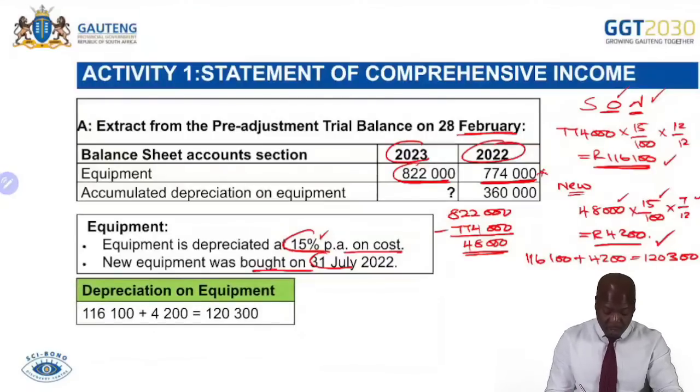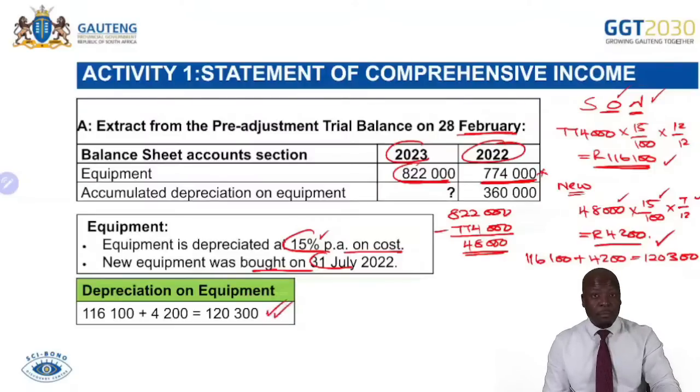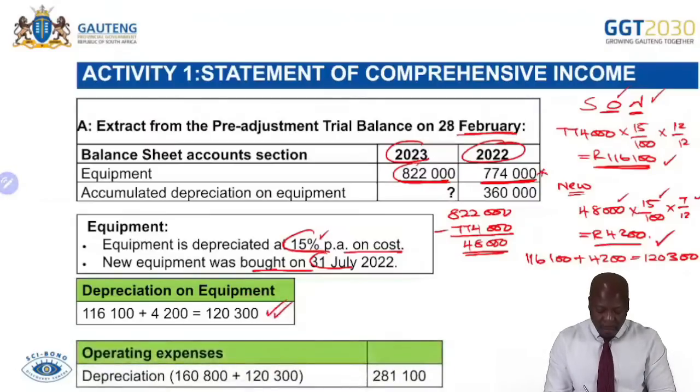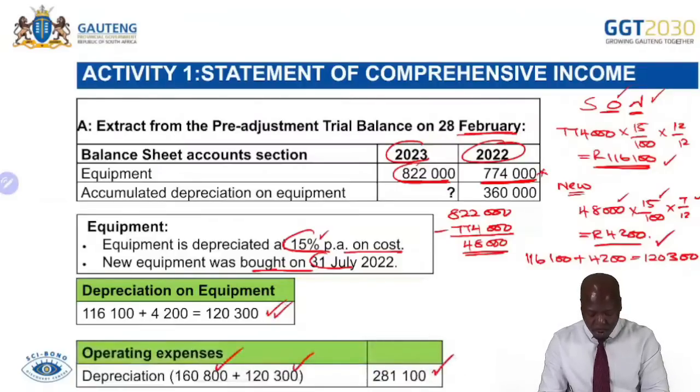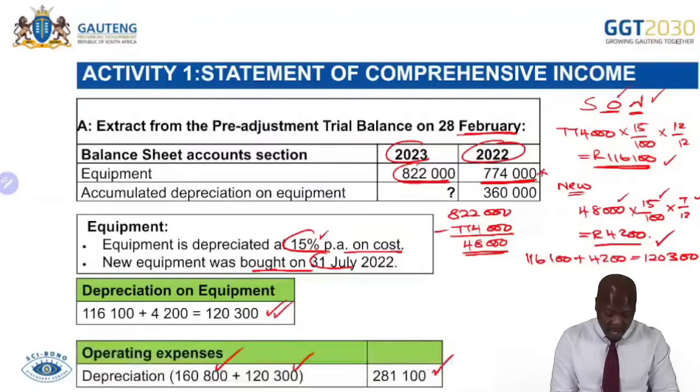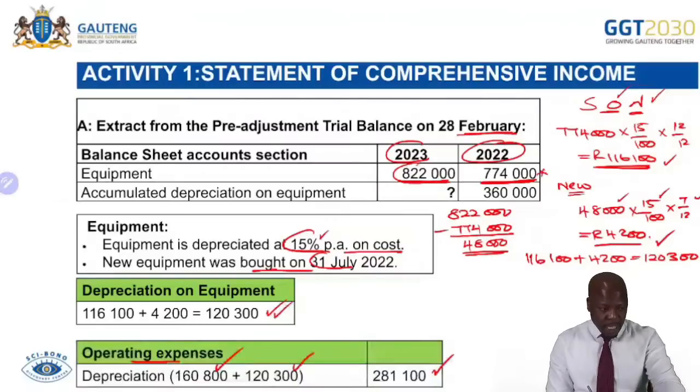So when I come to the depreciation on equipment, remember, I have my 120.3. But in the statement of comprehensive income, I need to record depreciation. Therefore, I will have my depreciation for my vehicles and my depreciation for my equipment. And then I'll end up with the total. Depreciation is an expense, so you will find it under your operating expenses. Can I move on? Okay, let's go to the next one.